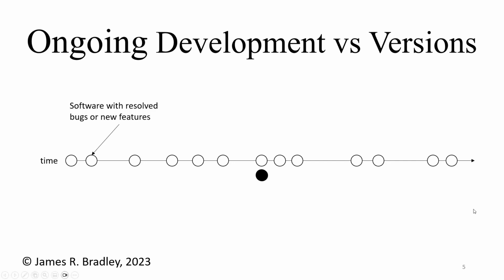Occasionally, when the managers of this software development effort or solution development effort think that there have been enough substantial improvements made in the program, then they specify points in time where a new version will be released. For example, here, this hypothetical software package might have a new version released designated as 1.2.14.